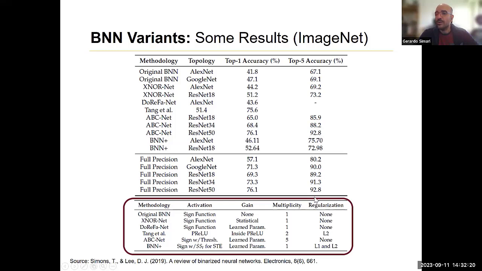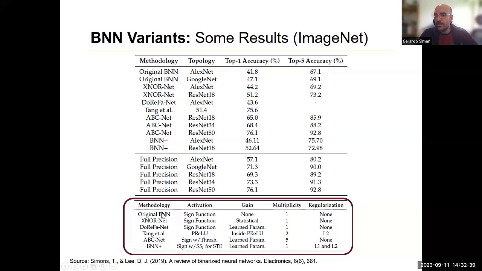It's on par with full precision ResNet 50. Other ones aren't that far off. They're at 88, 85, so it's still pretty impressive. Again, ABCNet is one of the best, at least until 2019.